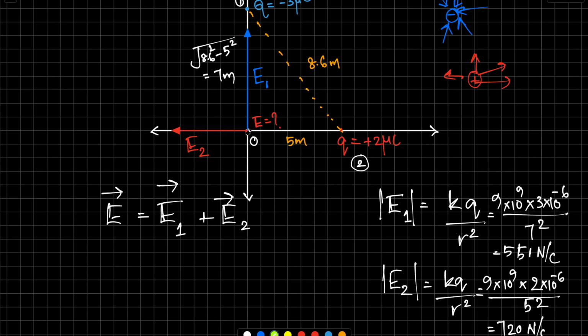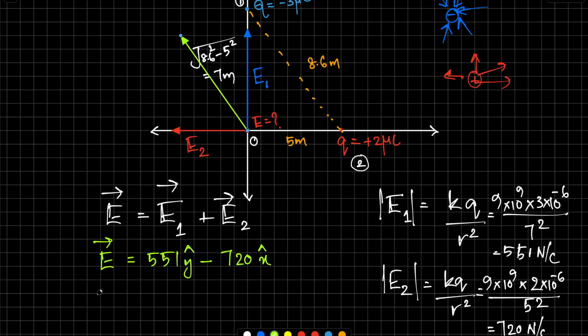We have two vectors. So the net electric field can be written as E1 is 551, that's on positive y-axis, so y cap, and E2 is on negative x-axis, minus 720 x cap. Our resultant should be somewhere in between these two vectors. So that's our resultant.